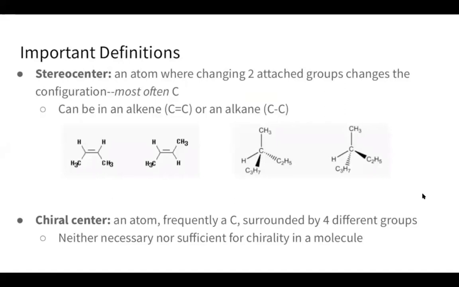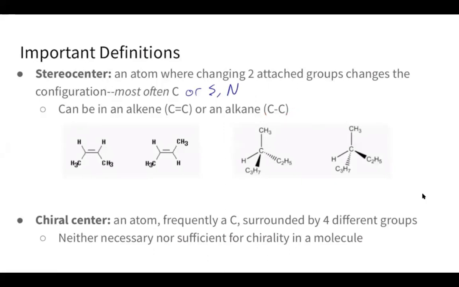Stereocenters are most often carbon, but they can also be atoms like sulfur or nitrogen, but they're most often carbon. You can find stereocenters in alkenes that have this carbon-carbon double bond right here, or you can find them in alkanes, which have a carbon-carbon single bond.